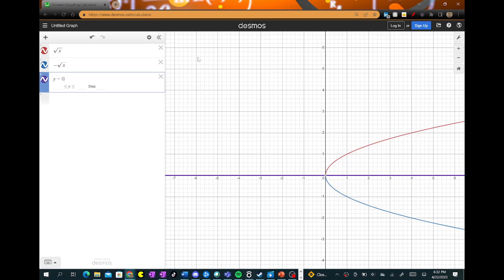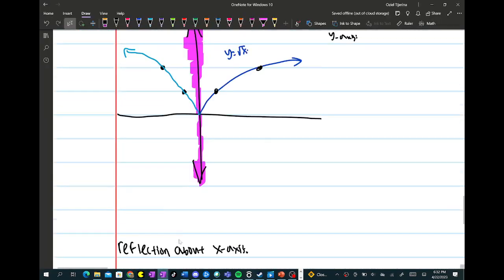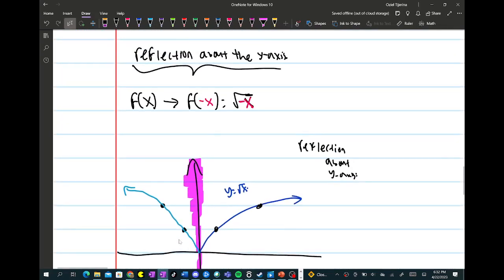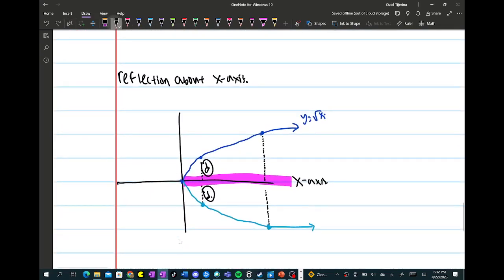So that is the idea of reflecting about the x-axis. We can say that the reflection about the x-axis is defined by negative f. So it goes from f of x to negative f of x. Okay, and that is the idea about reflections in the x and y axis.